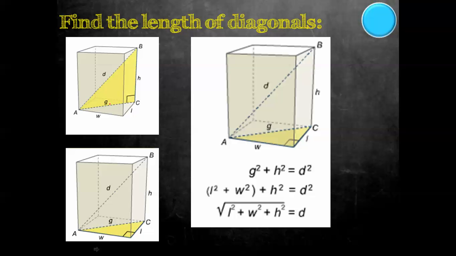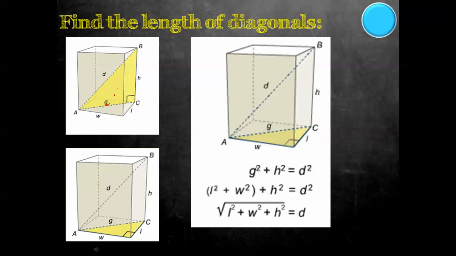So when we find the lengths of the diagonals, these just make right triangles, okay? So if I was going to find the length of this space diagonal that goes from A to B, it would just be G squared plus H squared equals D squared. But a lot of times we're not given the G part.